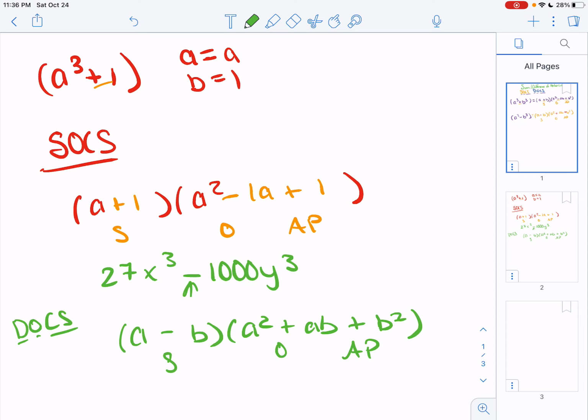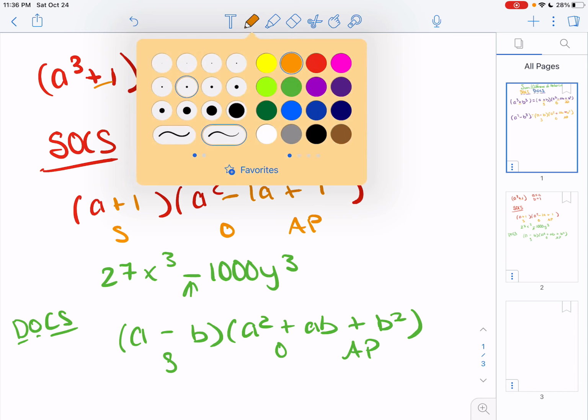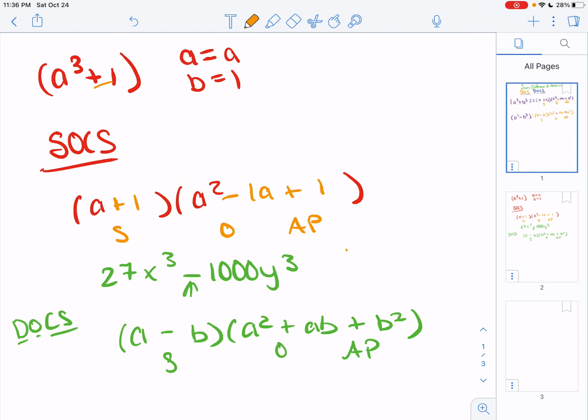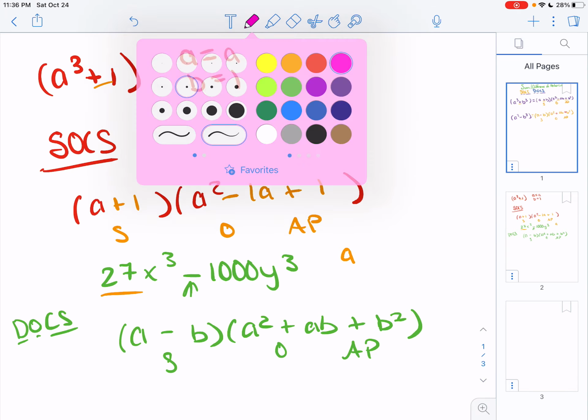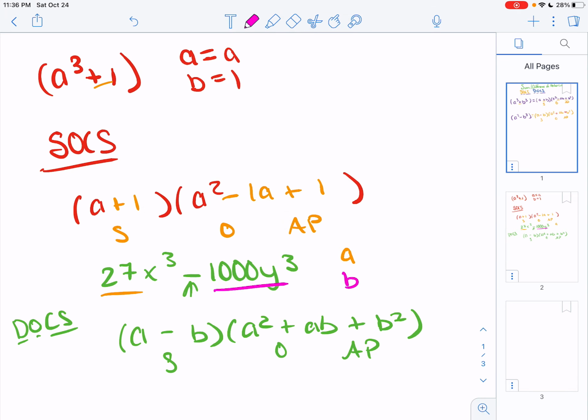All right, so now let's find a and b. So a is the cubed root of this term, and b is the cubed root of that term. So the cubed root of 27x to the third. This is where it's good to remember our perfect cubes.